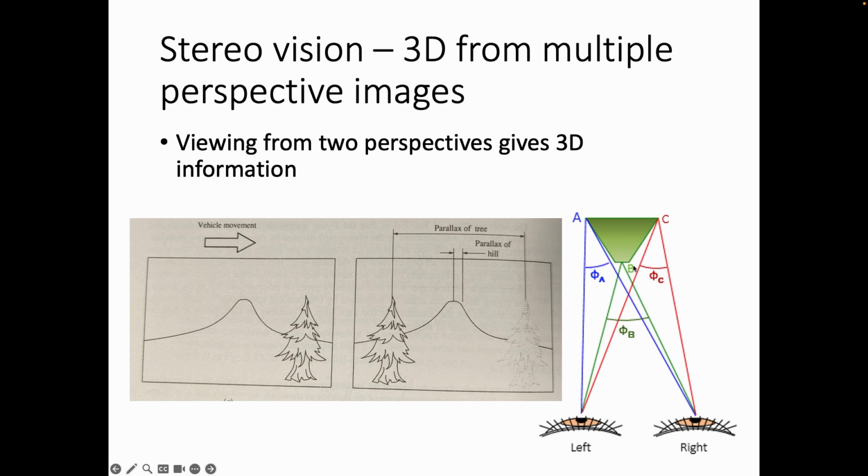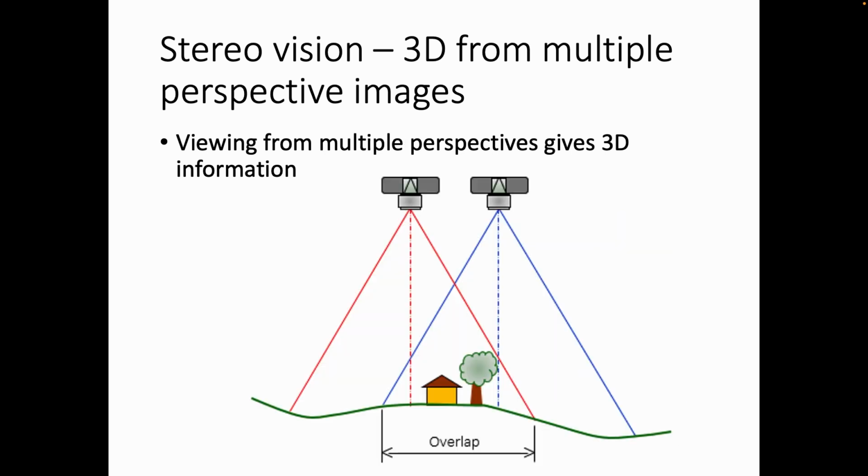We have two eyes that are set a particular distance apart, and that distance between our eyes allows us to get 3D information about the world around us. 3D cameras or 3D movies, for example, work in a similar way where two different perspectives are given, and you can put on those 3D glasses and it will filter out the image from one of the cameras so the left eye will just see what the left camera saw and the right eye will just see what the right camera saw, and you'll get a 3D view. And a headache in the case of 3D movies in some cases.